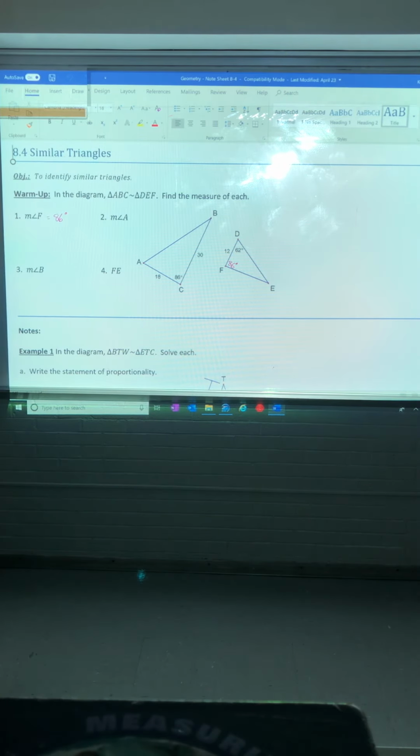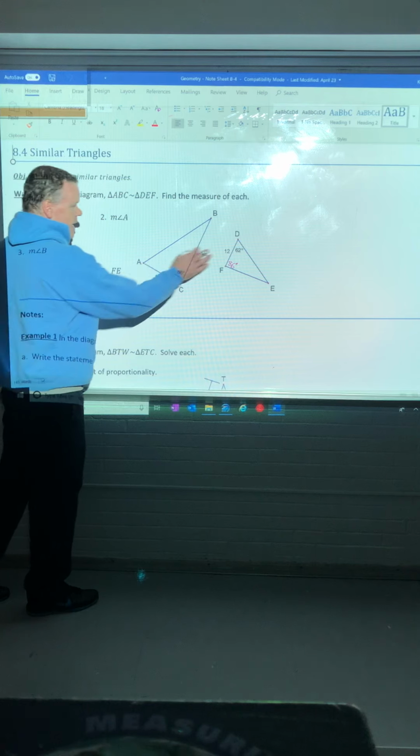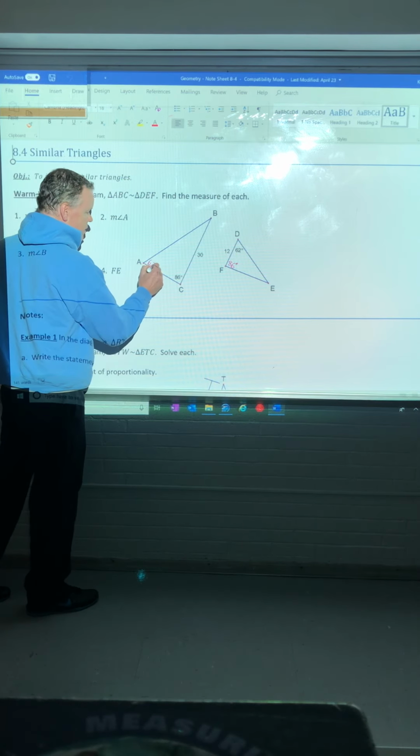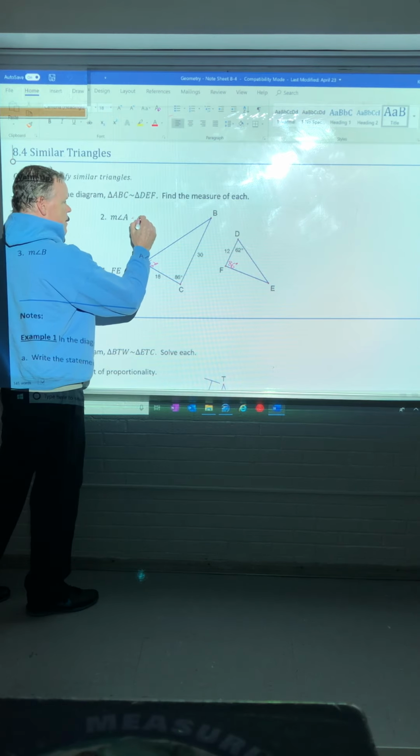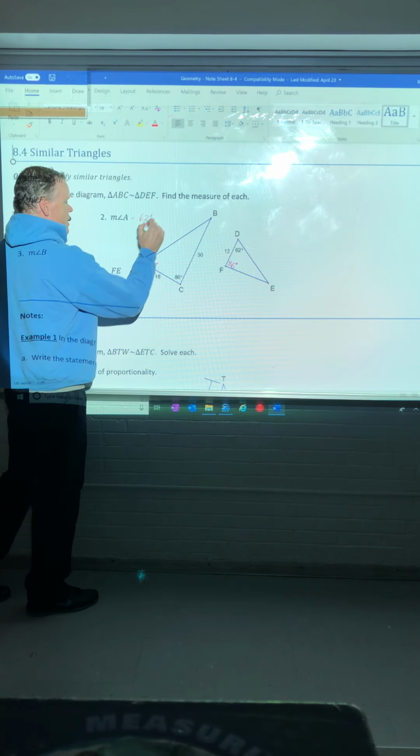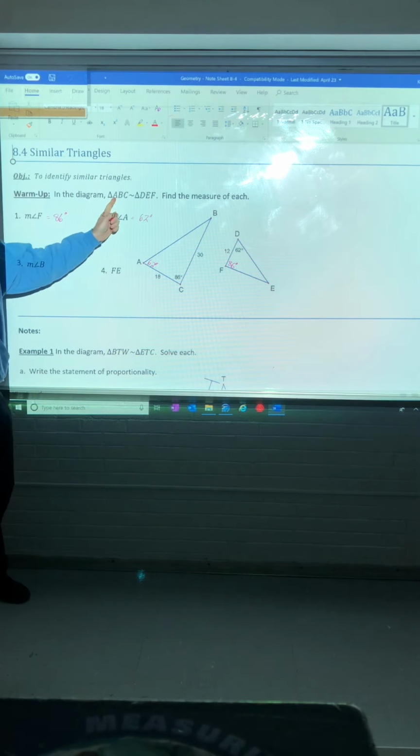So that's the big thing you have to know here, is that everything is going to line up. We also have angle A and angle D. We know they're both 62 degrees, so we know angle A is going to be 62 degrees. Can't stress enough that everything in the similarity statement is going to line up.